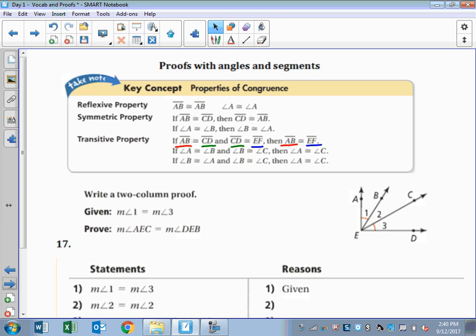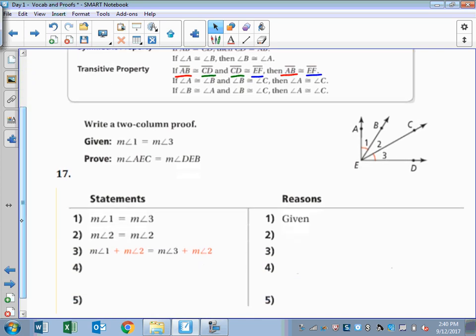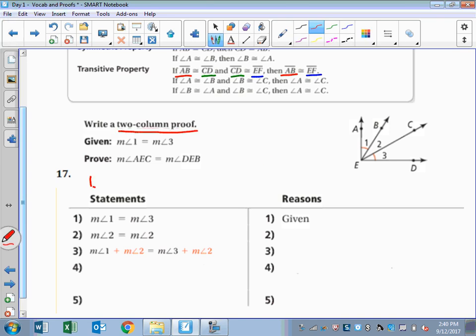So for our first proof, these are going to be called 2-column proofs, because our first column is statements and our second column is reasons. Here we have given the measure of angle 1 equals the measure of angle 3. Okay, so that's given to us. Second step, we have the measure of angle 2 is equal to the measure of angle 2.